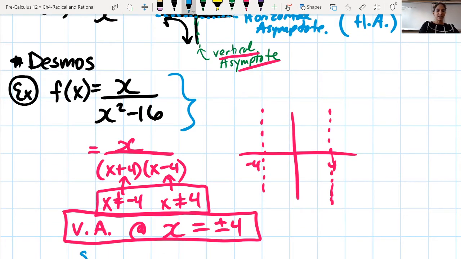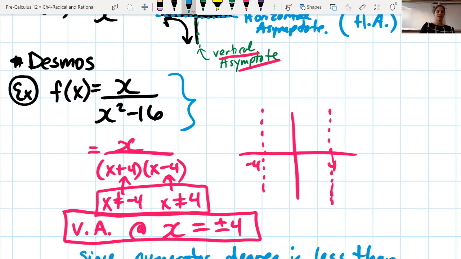So in this case, since the numerator degree is less than the denominator degree, there is a horizontal asymptote at this point here where y is equal to 0.